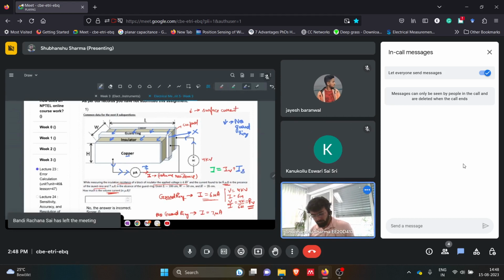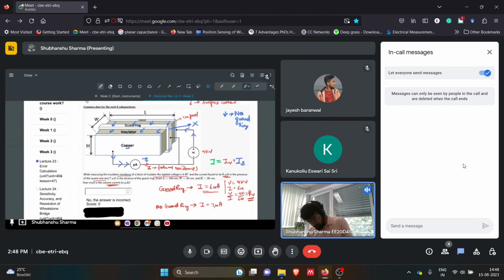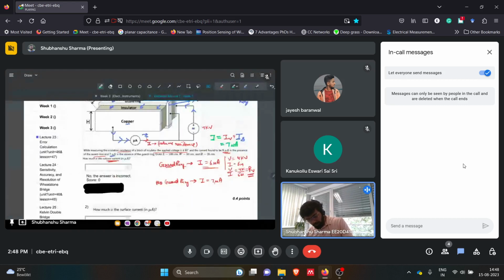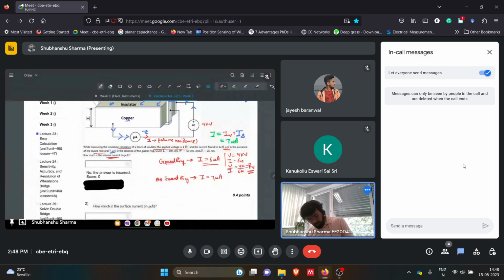So we have currents because of both of these. That's why this current is increased here, so that is 7 microamperes. So the equation for this will be 4 kV divided by I total, that is 7 micro, which is equal to RV plus RS.